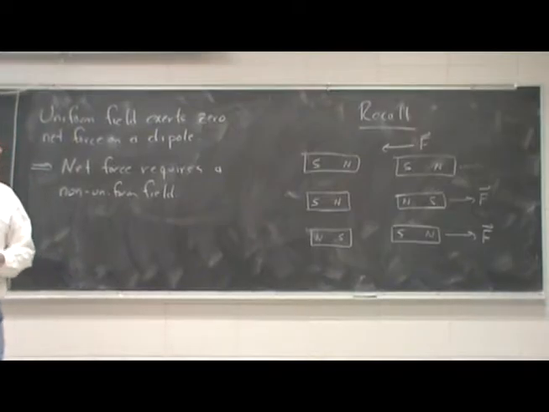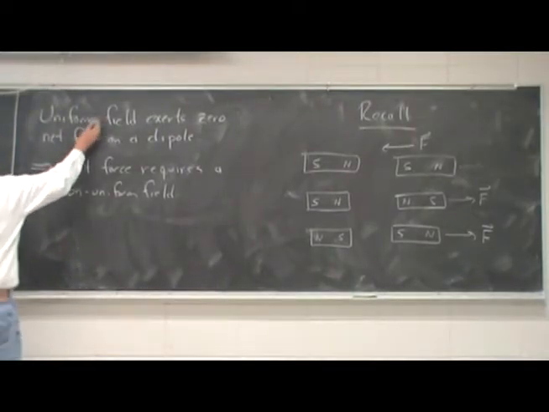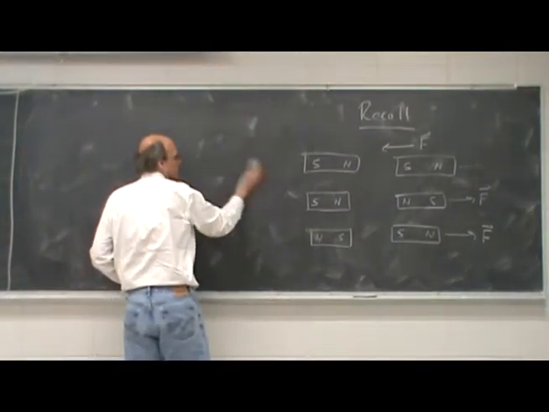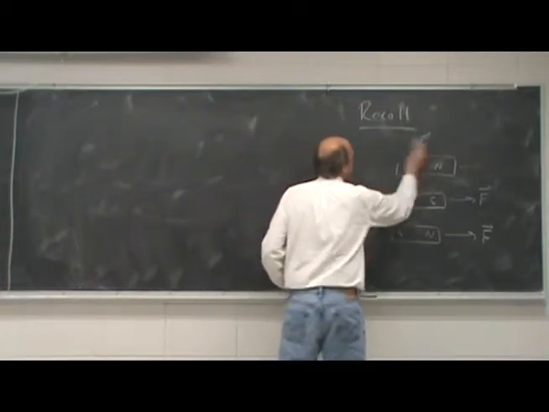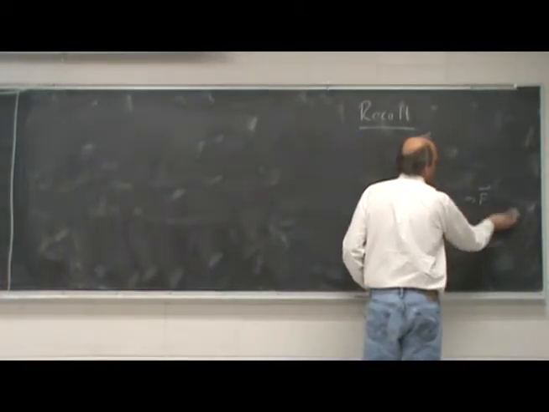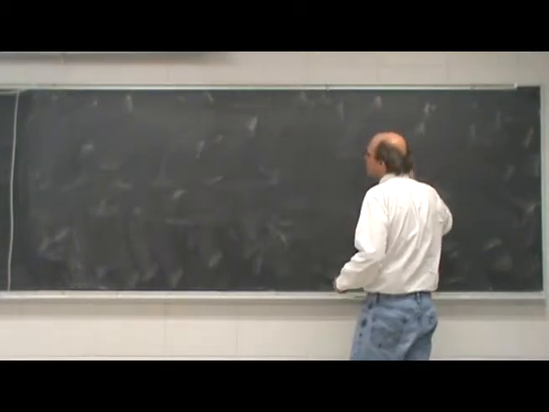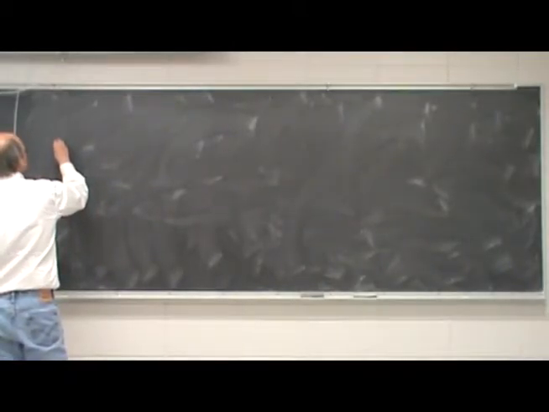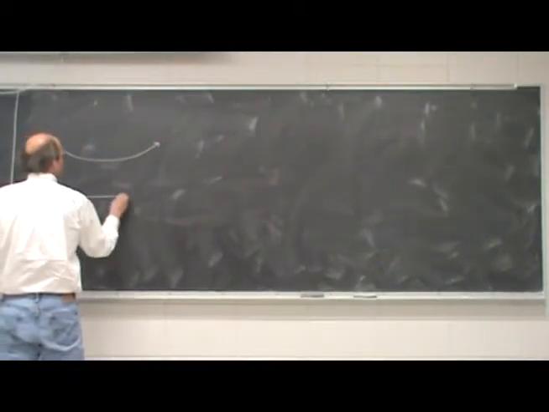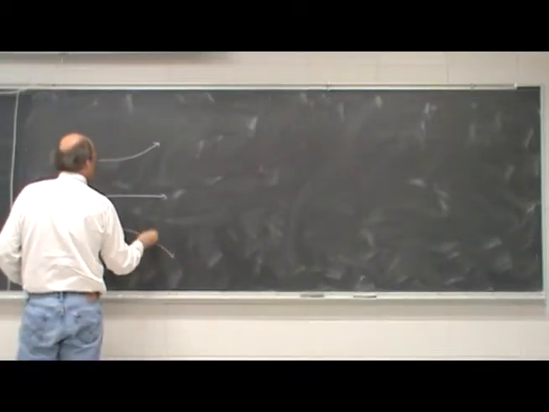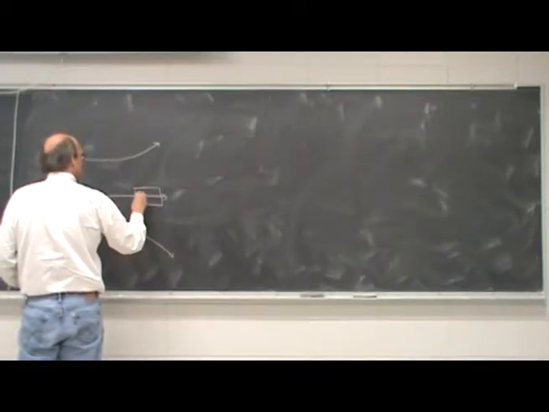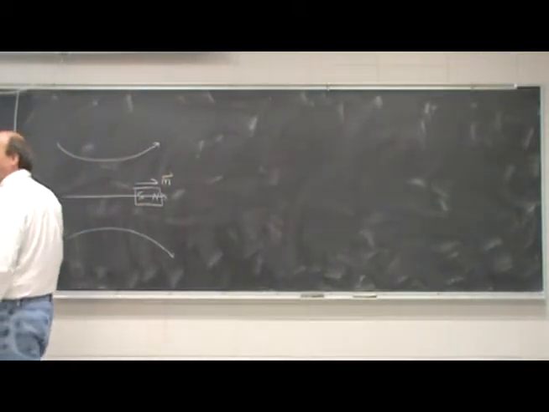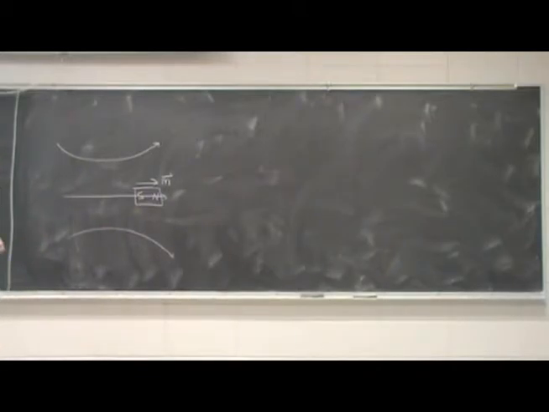I'm going to put a dipole in a non-uniform field. It's a nice non-uniform field. And here's the natural orientation for a dipole: it wants to have its moment aligned with that field.